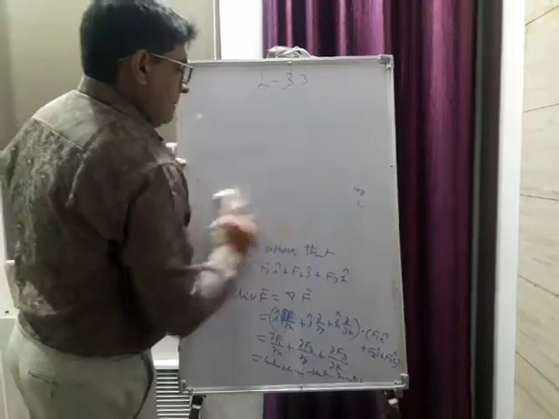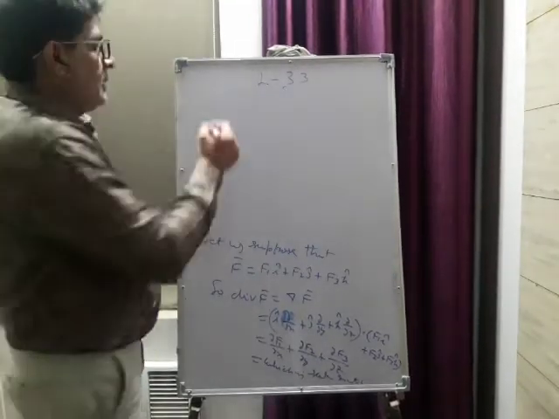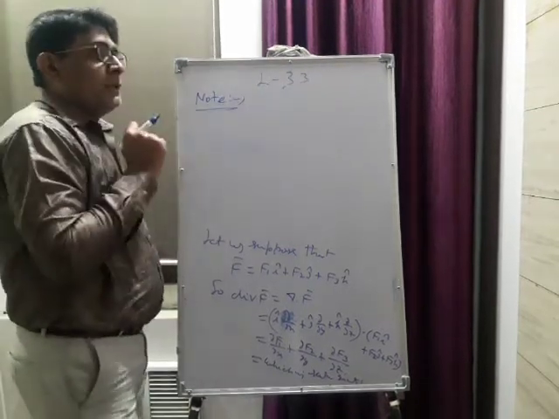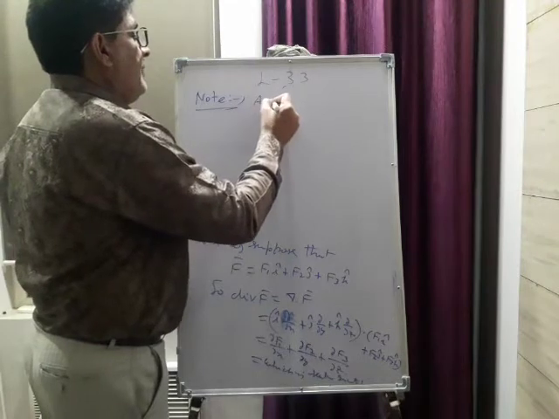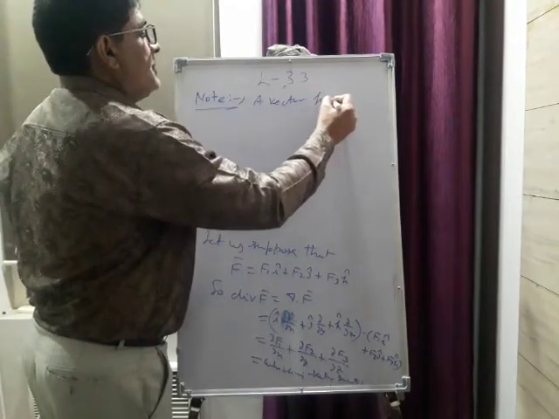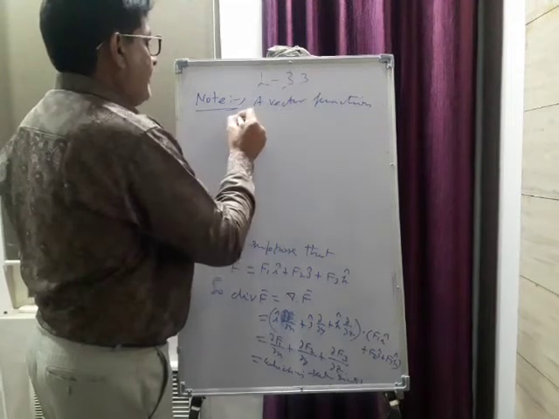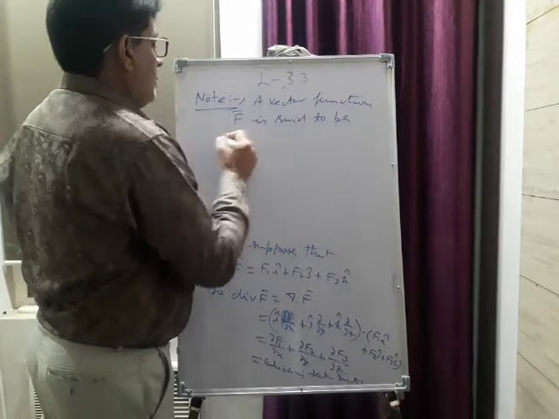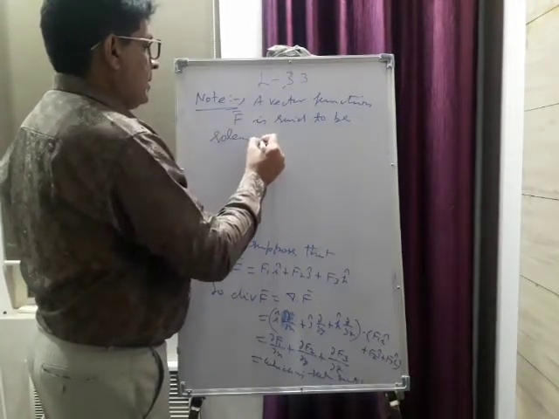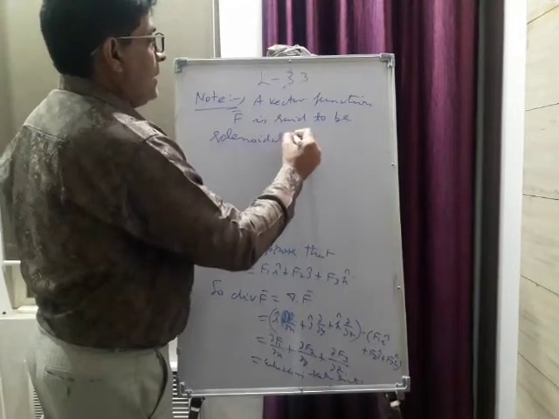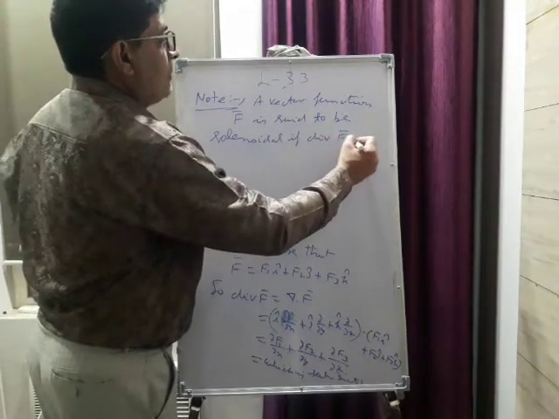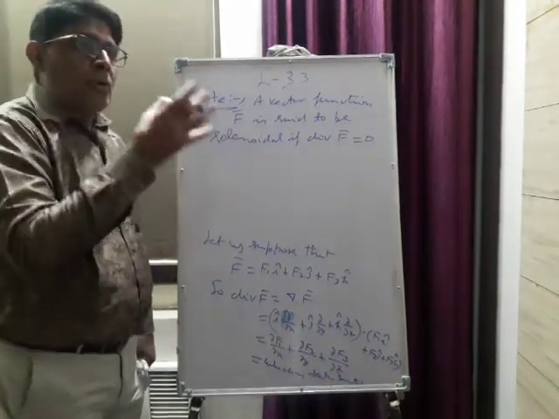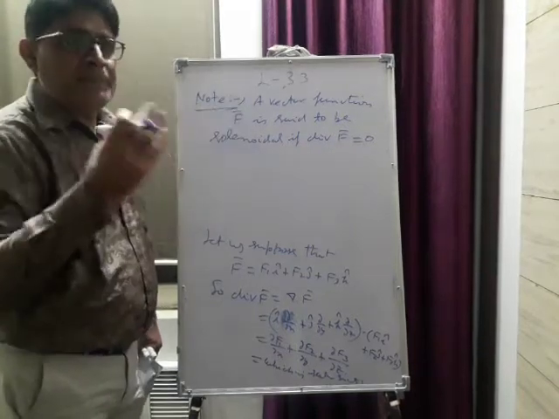Here a special note regarding divergence, which is very useful. A vector function f is said to be solenoidal if divergence f equal to 0. It means there is no compression and no expansion.